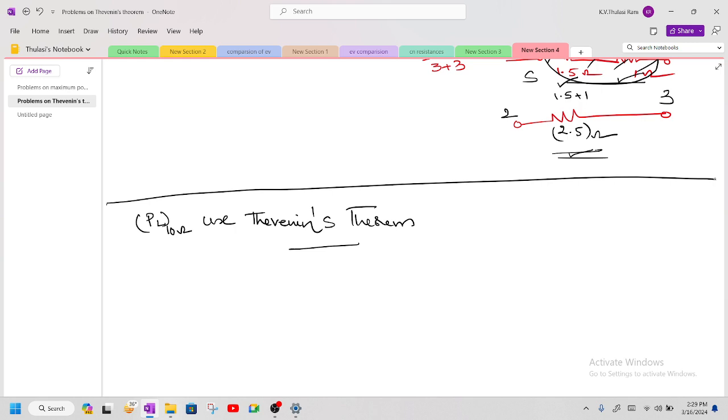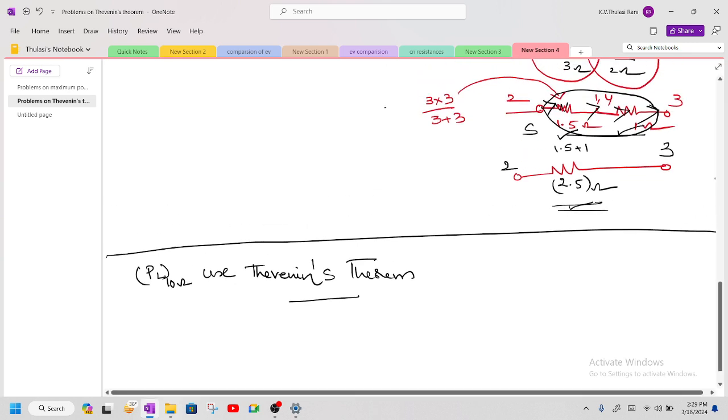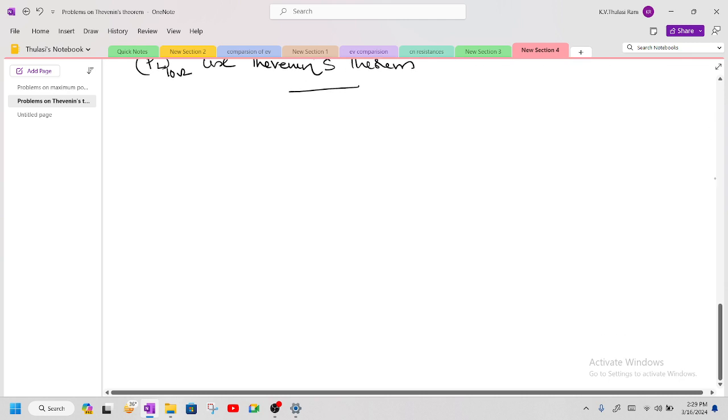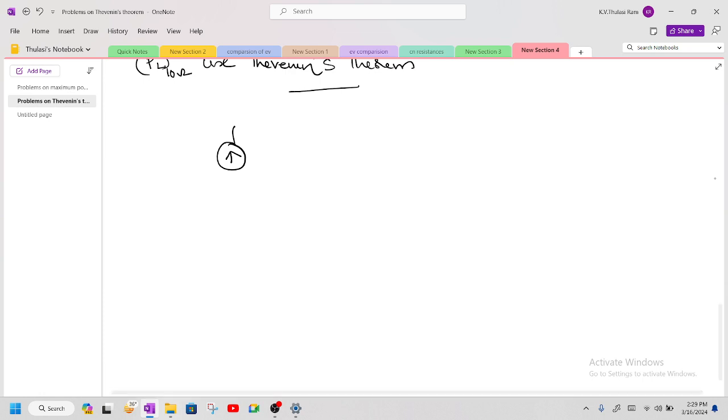So the network given to us is like this. We have a 2 ampere current source. We have resistor 1, we have resistor 2.